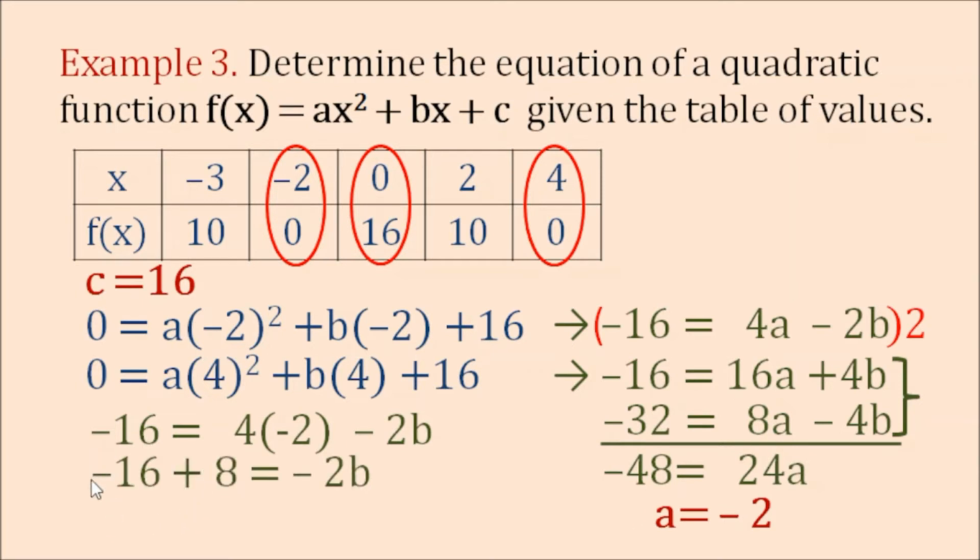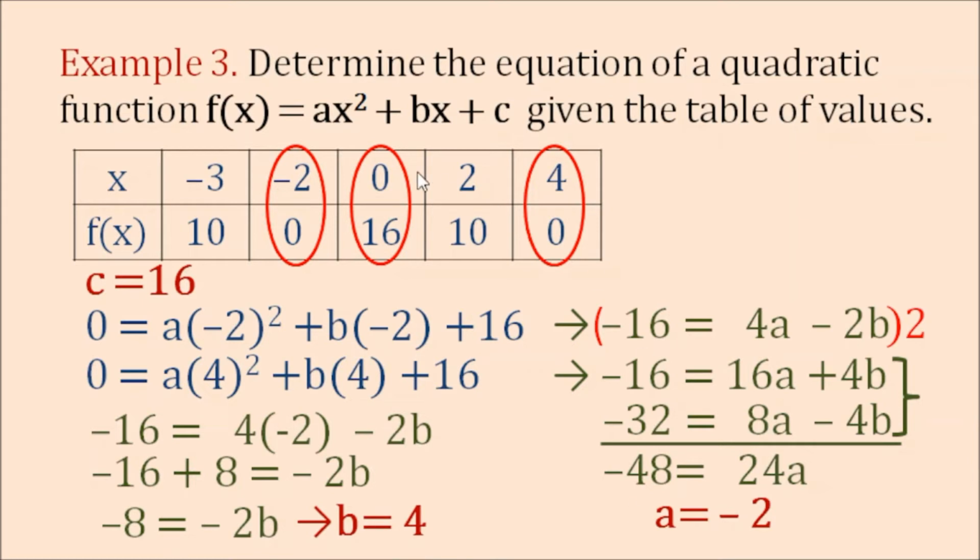So we have now negative 16 plus 8 equals negative 2b. And of course, negative 16 plus 8 is negative 8 equals negative 2b. And dividing both sides by negative 2, our b is equal to 4.